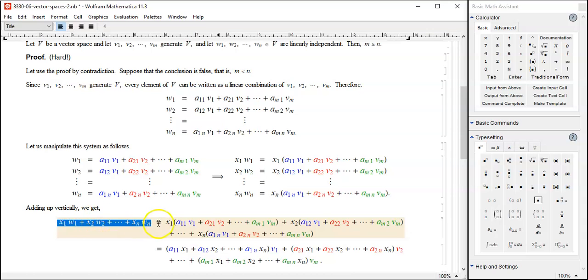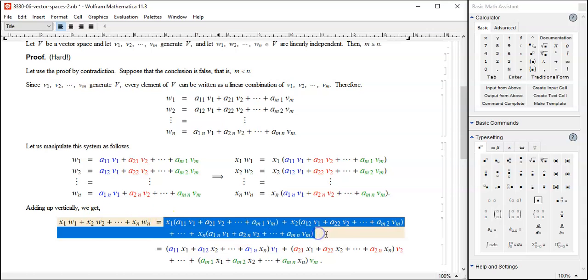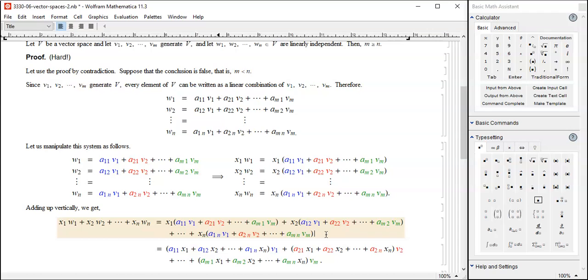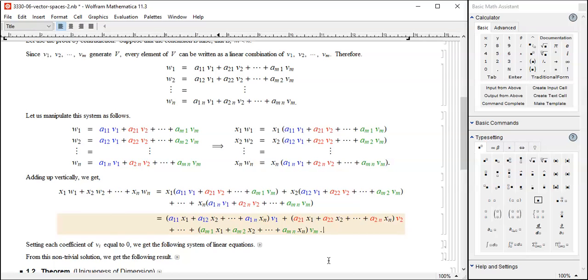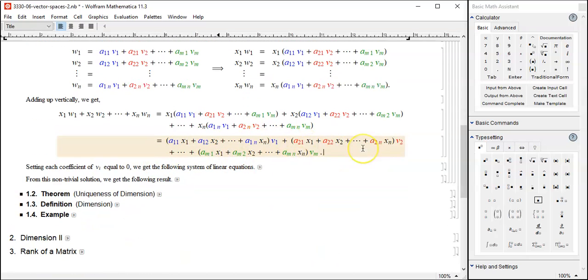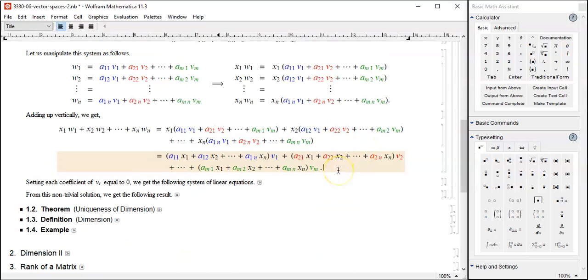That's the left-hand side and also the right-hand side. And the right-hand side, as complicated as it looks, you can just rearrange using appropriate color coding. Then you get these. Why did you do this? That's going to be answered in the next step.